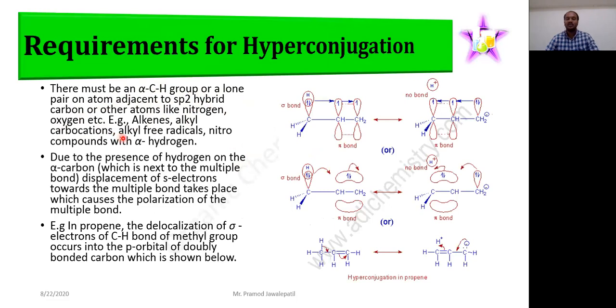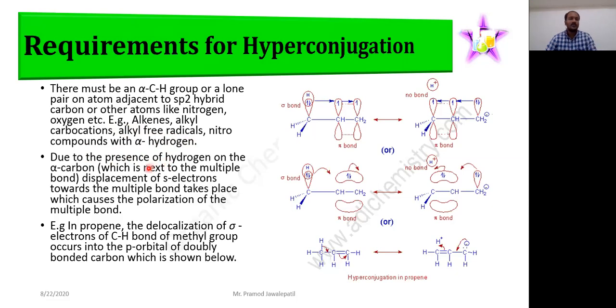These nitrogen and oxygen are heteroatoms and they have lone pairs of electrons. That's why it is a requirement for hyperconjugation. For example, alkenes, alkyl carbocations, alkyl free radicals, and nitro compounds with alpha hydrogens. In those cases, hyperconjugation may happen.